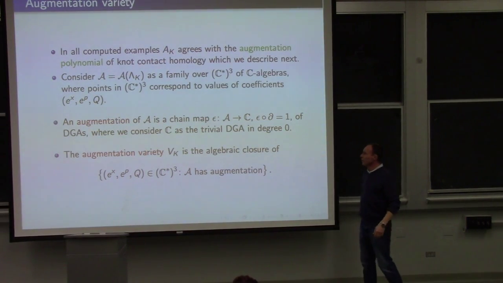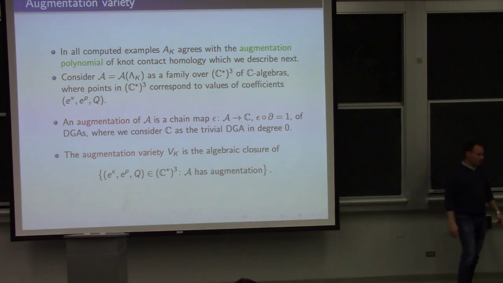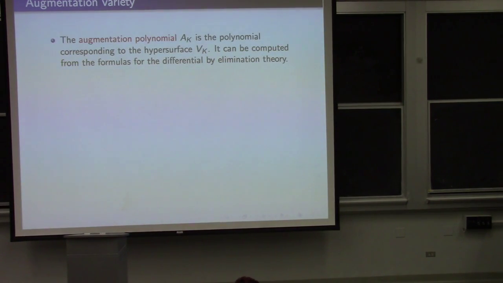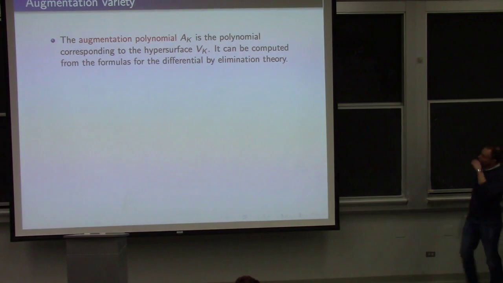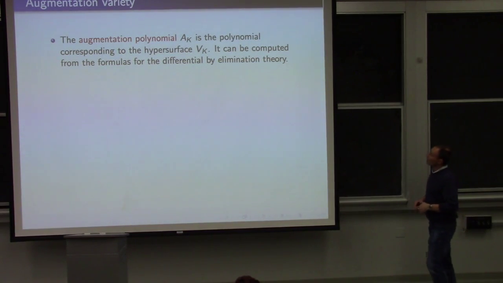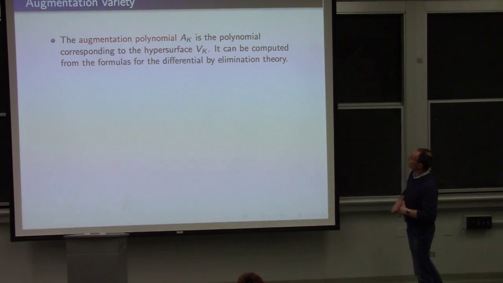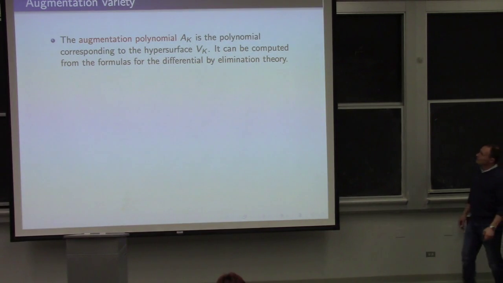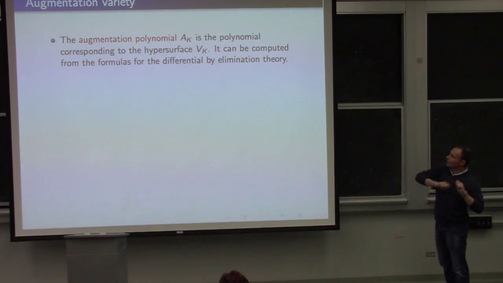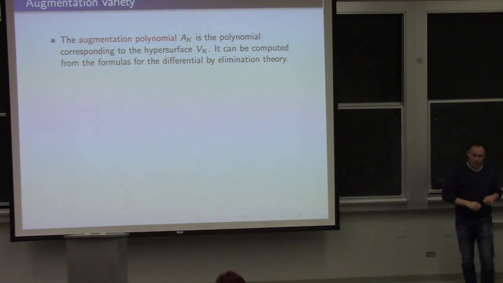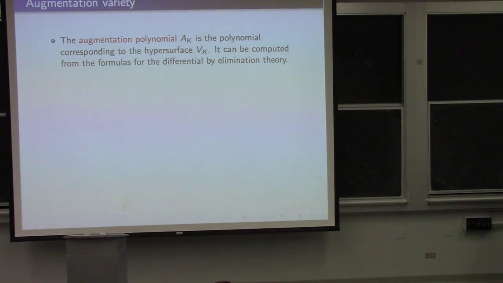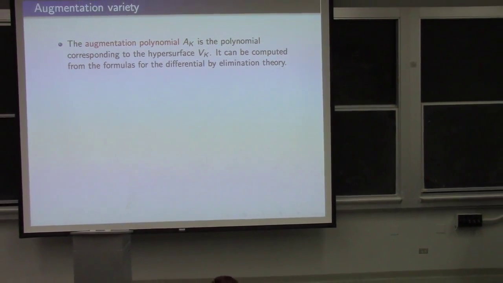In fact, it's a curve where we have augmentations. The polynomial of that curve is called the augmentation polynomial. The thing I'm going to prove in a while is that this Lagrangian filling's derivative of the superpotential actually parameterizes a branch of this augmentation curve.